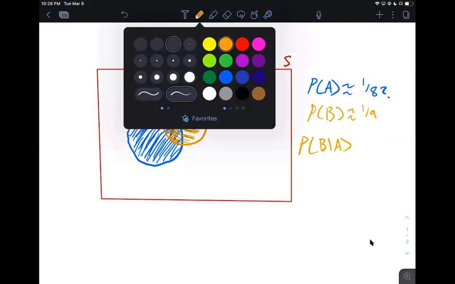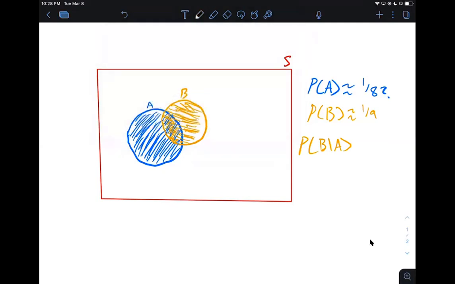Visually, that's kind of like saying, instead of thinking about B as a member of this space here, think about part of B, this part here, as a member of this space here, as a subset of this space.